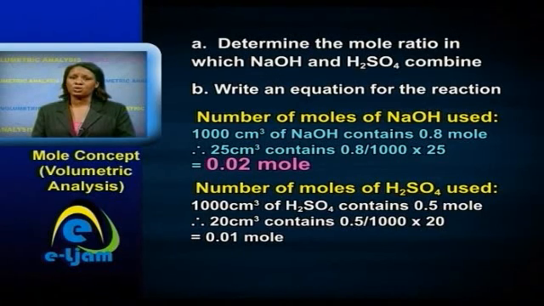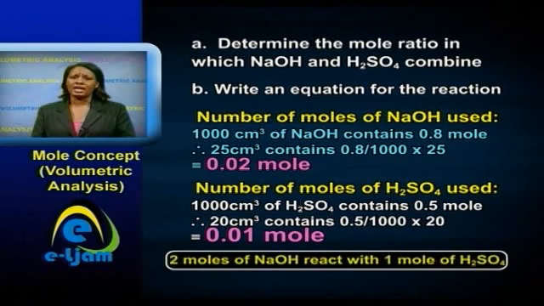0.02 moles of sodium hydroxide reacts with 0.01 moles of sulfuric acid. Converting to whole number ratios, then 2 moles of sodium hydroxide react with 1 mole of sulfuric acid.